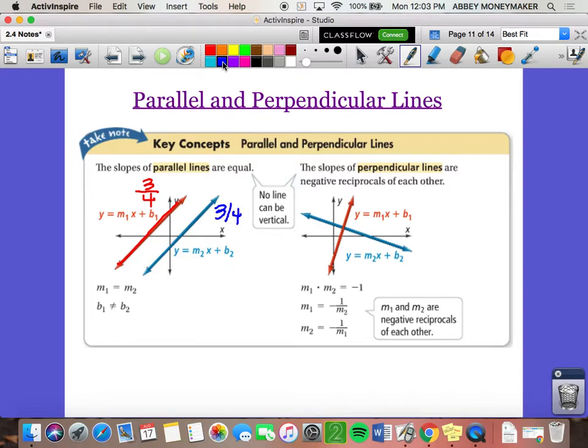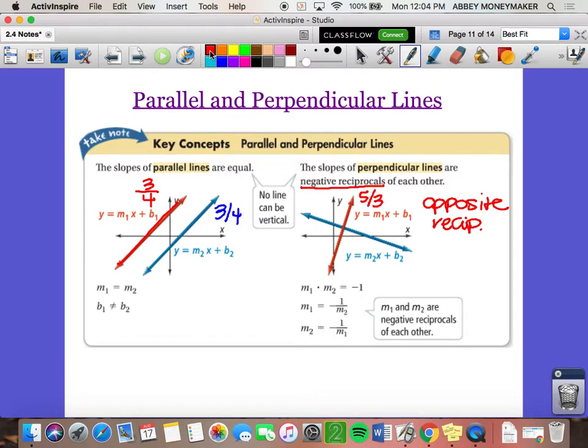It's the exact same. Now, when you have perpendicular lines, it says here the slopes of perpendicular lines are negative reciprocals, okay? You might have heard us say opposite reciprocals. It's the same thing, okay? So for example, let's say this blue line here has a slope of 5/3.